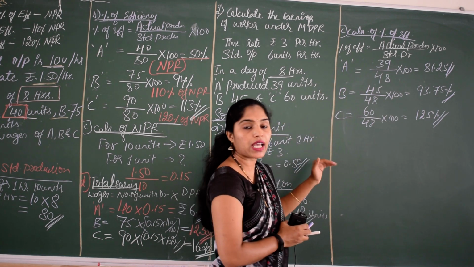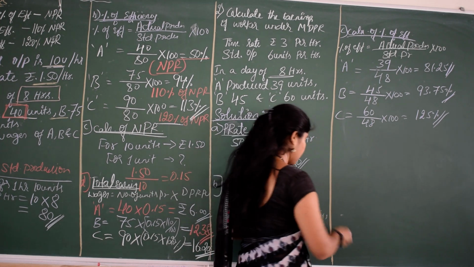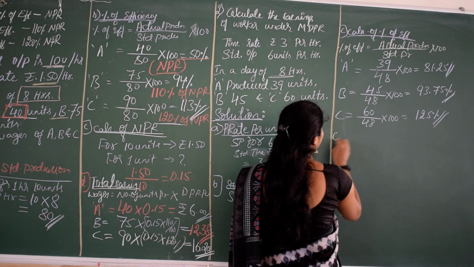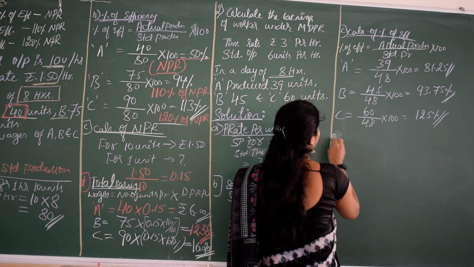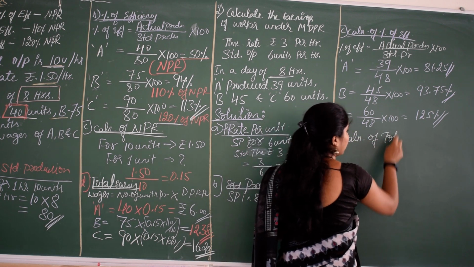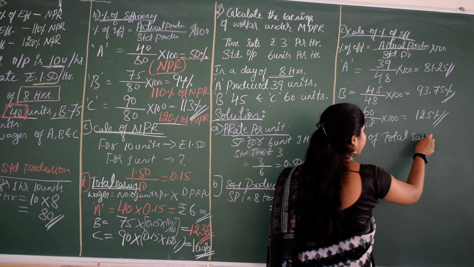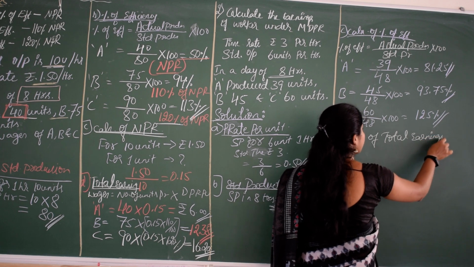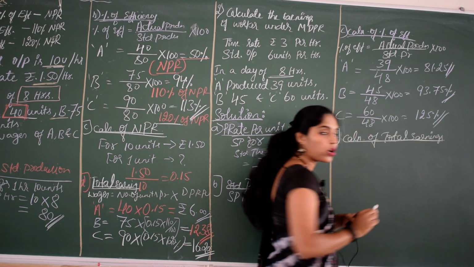Next we have to calculate total earnings. So how do you calculate total earnings? Total earnings is calculated by using a formula. So what is that formula?